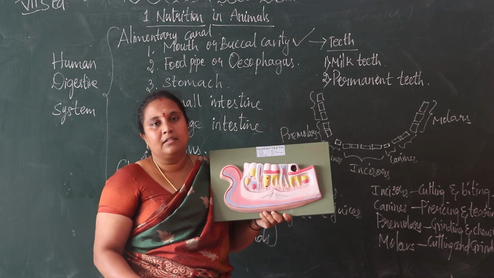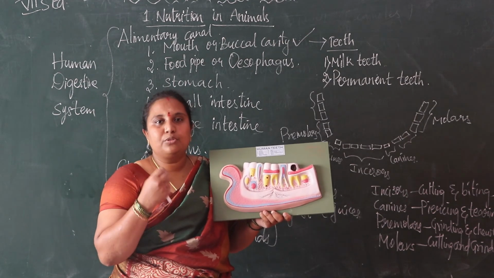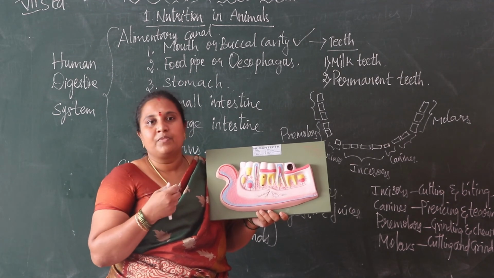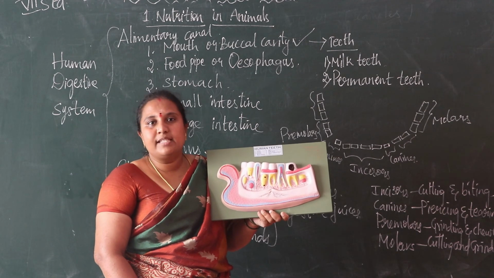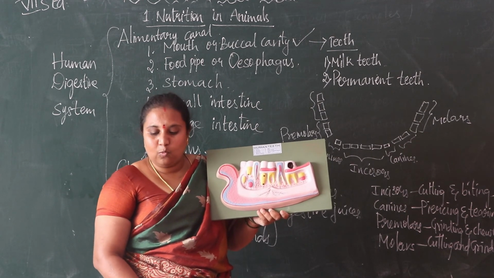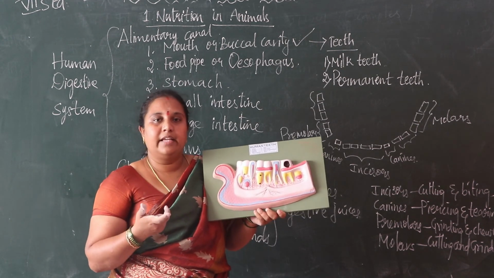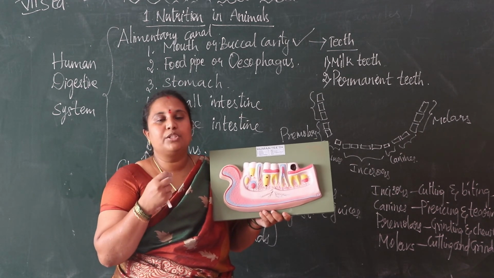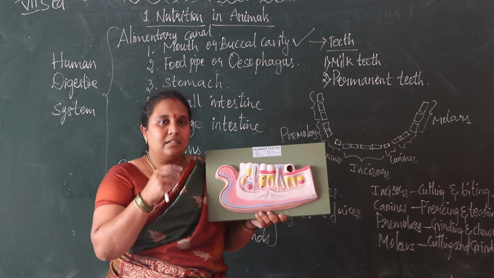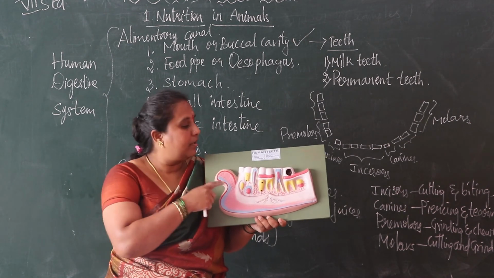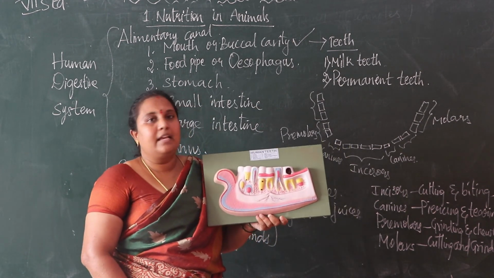And after eating, we should rinse our mouth using water or any rinse products. Doing that decreases tooth decay. So these are the things we are saying about the teeth.